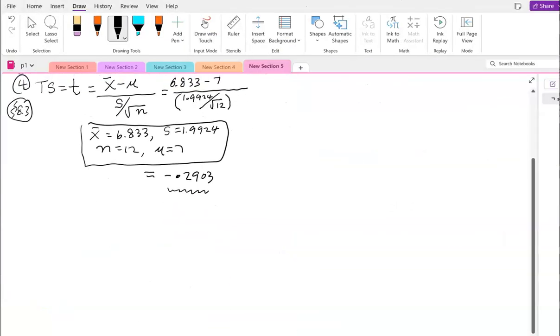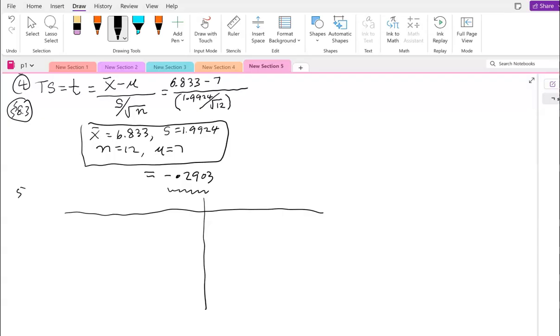So first, we have 2 ways to do it. Number 5, p-value method. The other one is critical value method.